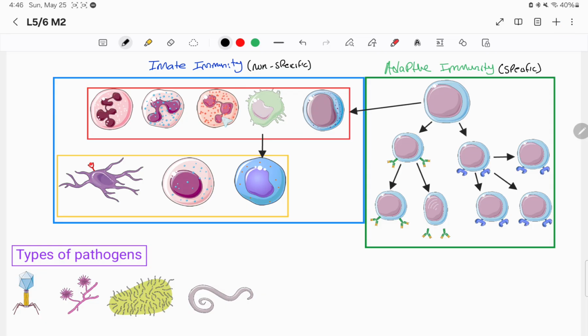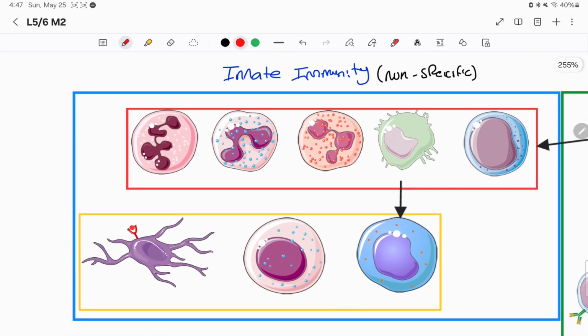Well, remember how in the introduction to the blood video, I mentioned that we have white blood cells inside of the buffy coat? Well, those white blood cells that are inside of our circulation in the buffy coat are these guys right here. So let's take a look at what these guys are. Remember, these are inside of the circulation, and they include these cells right here.